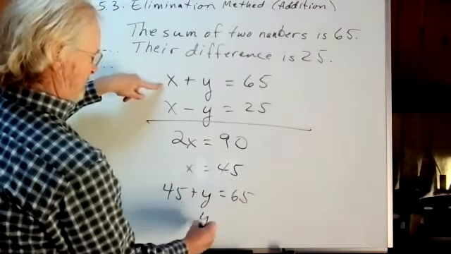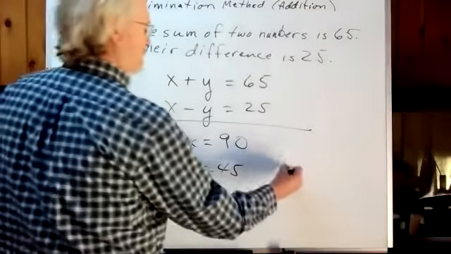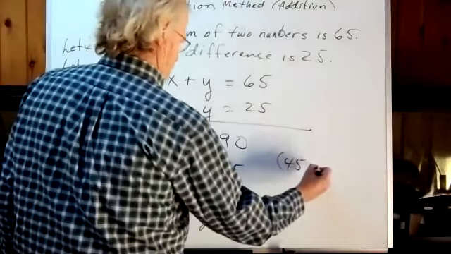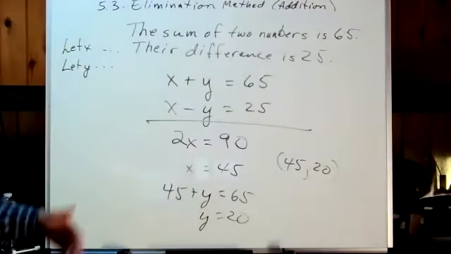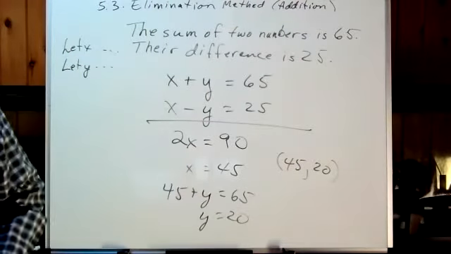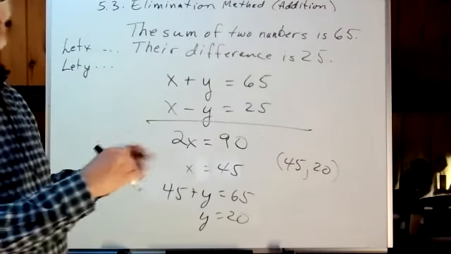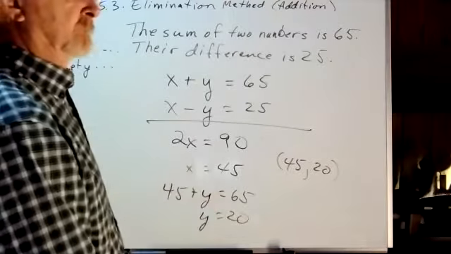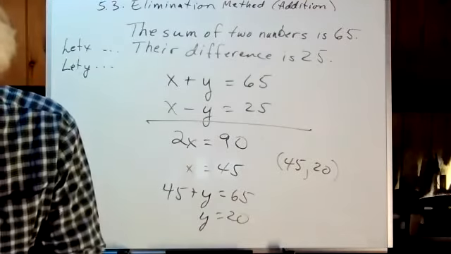If I subtract the 45, I think I get a 20. Now, this is not technically an ordered pair problem, but find the two numbers. One number is 45, the other number is 20. Say something like that, if you were writing a sentence, a written application problem solution.